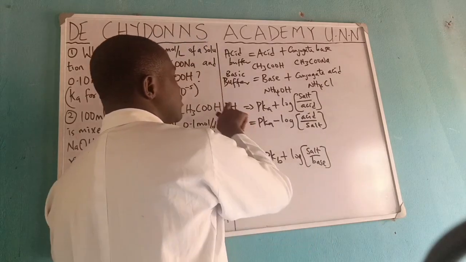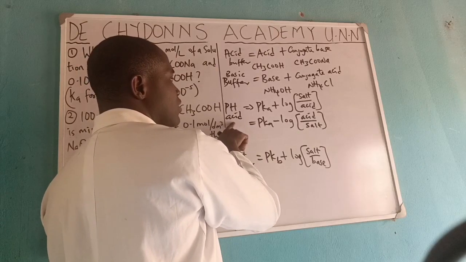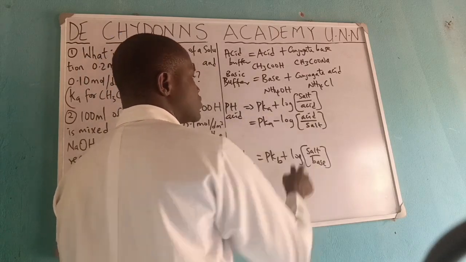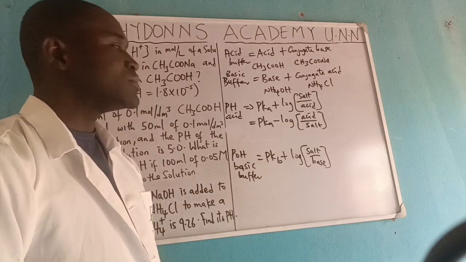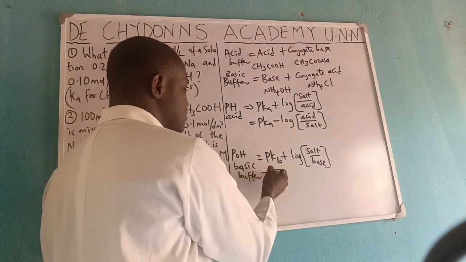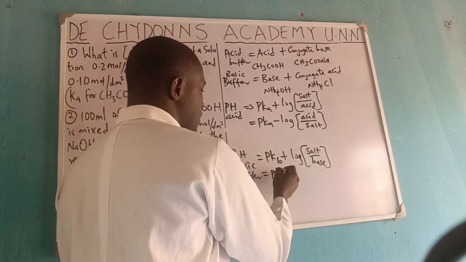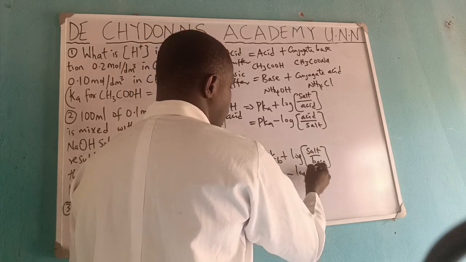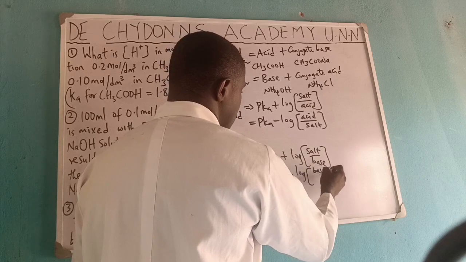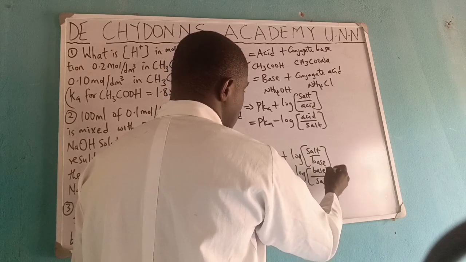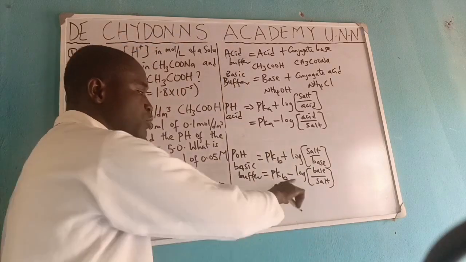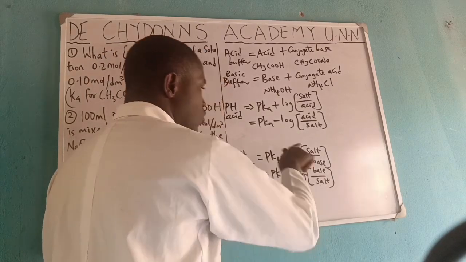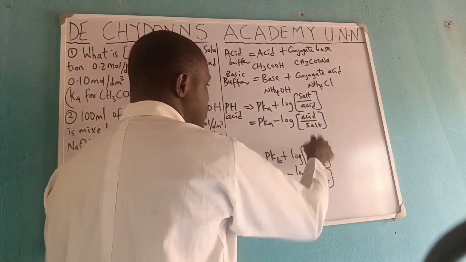So when you see the pH of an acidic buffer go this way or this way, know that they are saying the same thing. Likewise, for the pOH of a basic buffer, pKb minus log of base over salt. It is just mathematics. Once you put minus here, you change here. Once you put plus here, it goes this way.